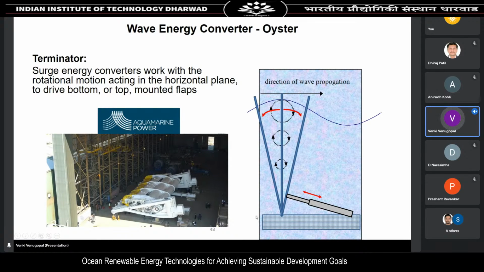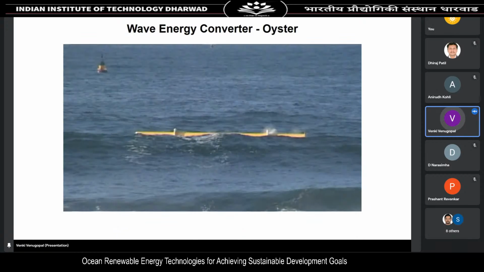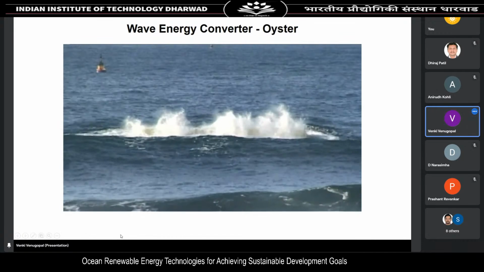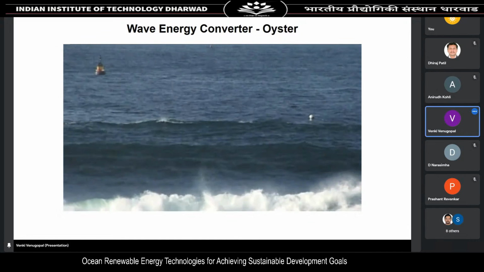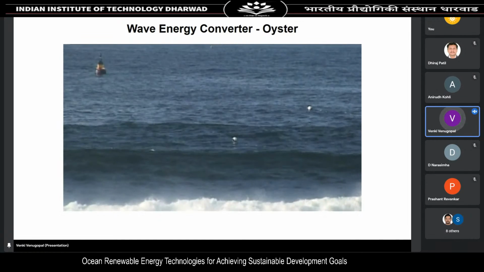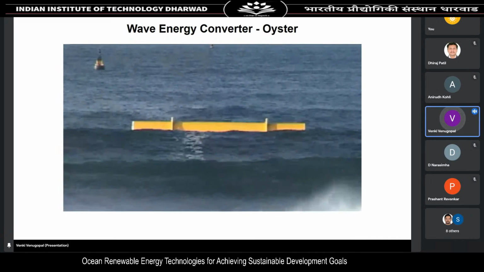Then the next type is the Oyster, which is a flap type. Again, this was manufactured in Edinburgh, and our local students were involved in the beginning stage. And you could see the motion of the flap. All these devices were tested in the Orkney Islands.